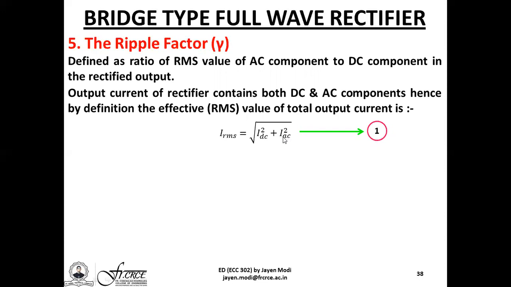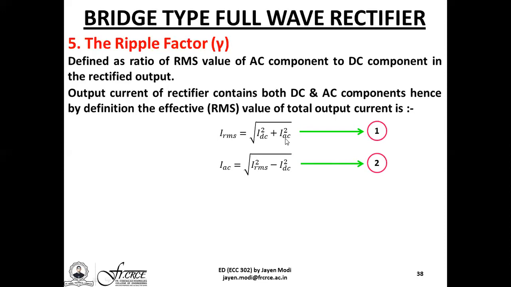From here, if we were supposed to extract IAC, we would square both the terms and we would transfer IDC square from right to left and then take a square root so as to obtain the term IAC. This gives us equation number 2 as IAC is equal to square root IRMS square minus IDC square.